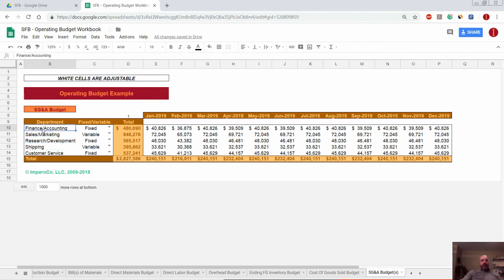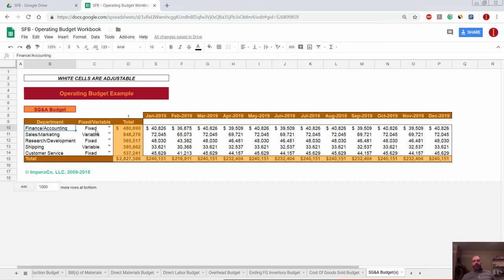So we've got our departments here, and this is probably the sort of thing that if you were doing this in real life and not referring to a hypothetical example here, you would probably itemize this in a little more detail to forecast how things might change. But one thing I want to point out, what are we doing here for each department? We're kind of classifying it as fixed or variable.